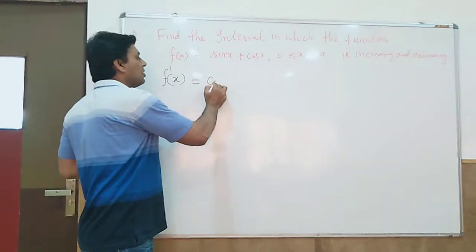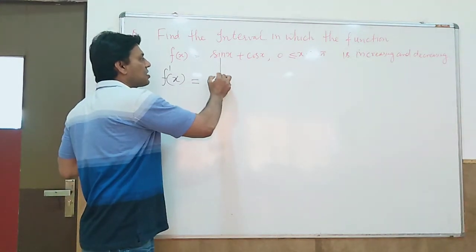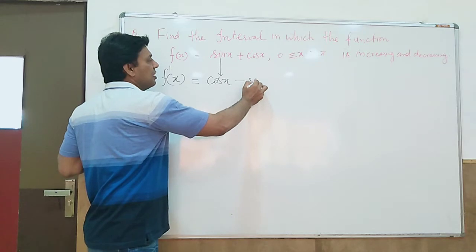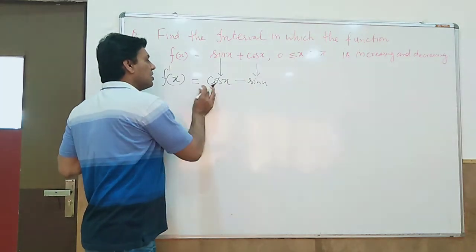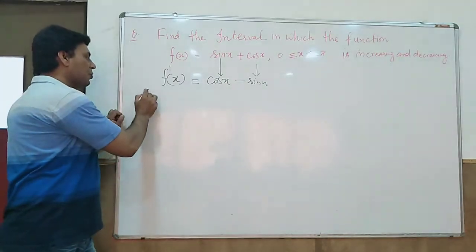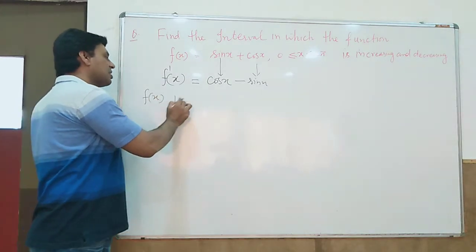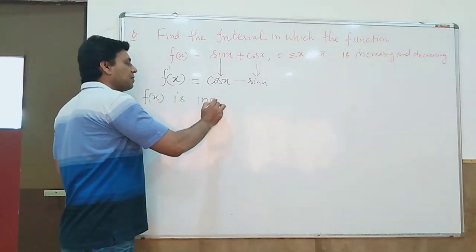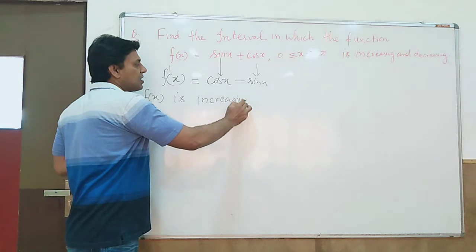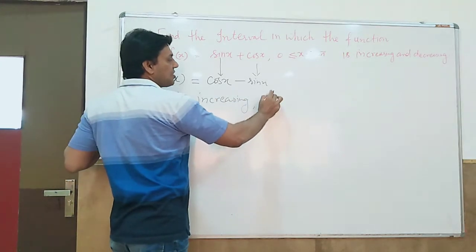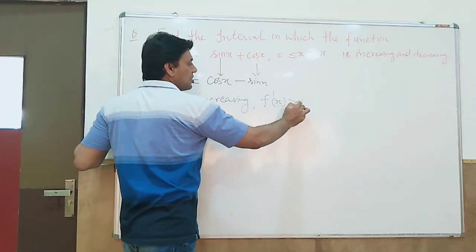The differentiation of sin x is cos x and of cos x is minus sin x. So we have f dash x. You know that f(x) is increasing when f dash x is greater than 0.